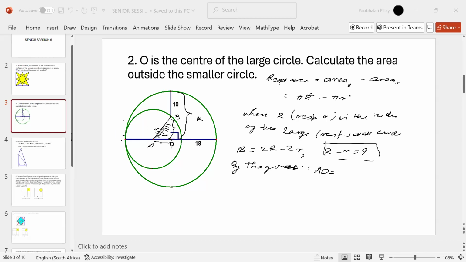So it's this minus this. And we have symbols for that: the large radius is capital R, the small radius is small r. Okay, so now we are set to use the theorem of Pythagoras. It's R minus r. Sorry.